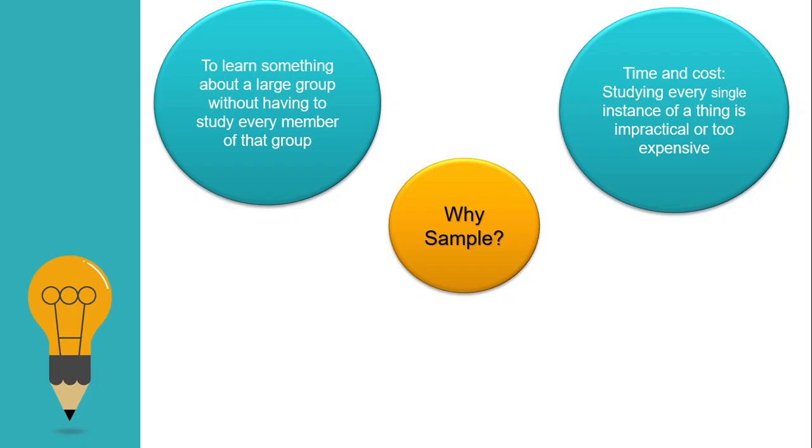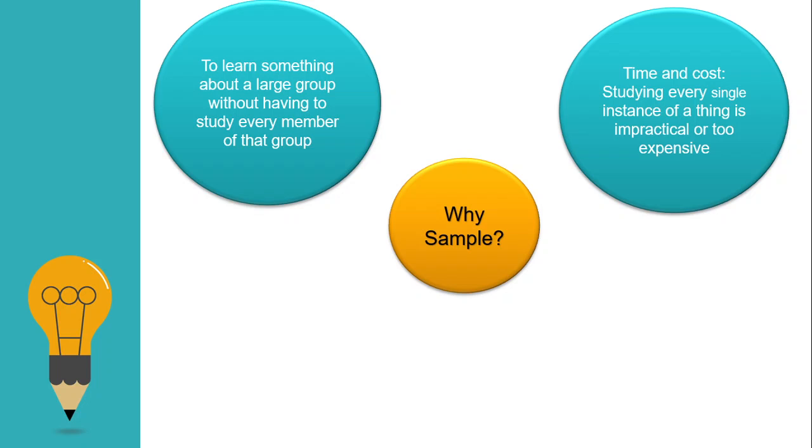If we survey the whole population, it will be time consuming and very costly. So we sample to use less time and fewer financial resources, and it will be cheaper. Studying every single instance of a thing is too expensive.